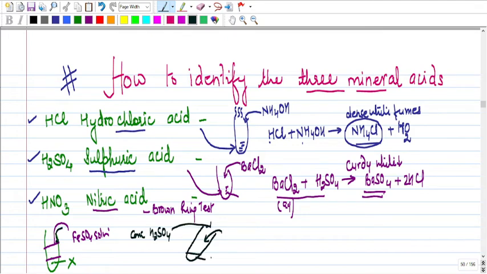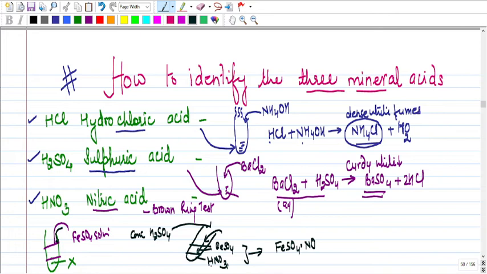Here you have nitric acid, right? And over nitric acid you have ferrous sulfate solution, and when you add concentrated sulfuric acid, this concentrated sulfuric acid goes down and then it reacts with nitric acid and ferrous sulfate, and forms nitroso-ferrous sulfate brown color ring.